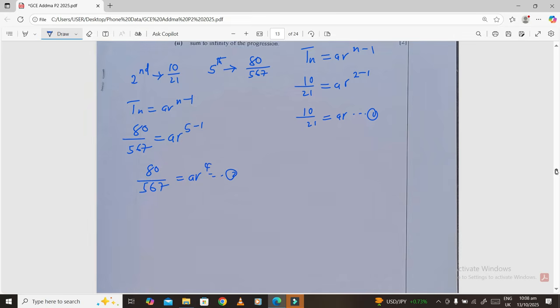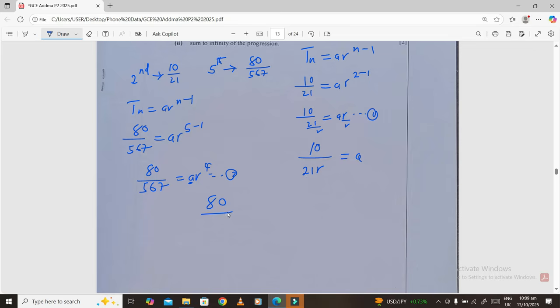So now, here, we make A the subject for this one. So we're going to say 10 over 21 multiplied by r is equal to A. I've just divided by r both sides, and this is what we're getting. Now we substitute in this other equation where A is.